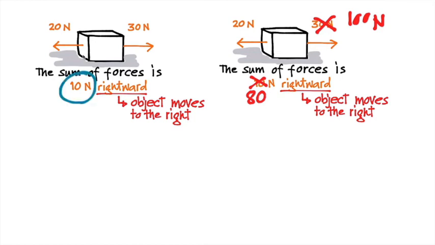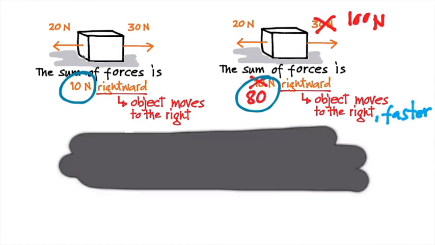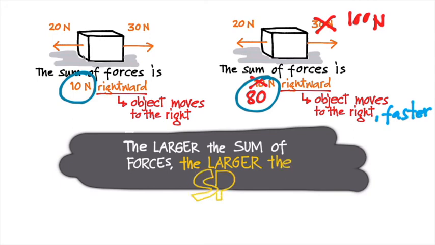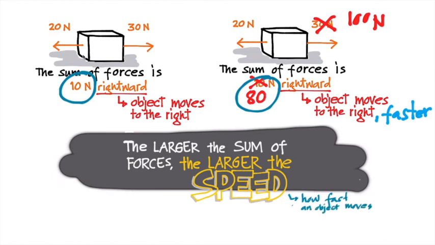This is 10 newton, this is 80 newton, and based on the simulation, you will see that this one is going to move faster. So what can we conclude from these two ideas? The larger the sum of forces, the greater the speed of the object. Right. Speed is the measure of how fast an object is moving.